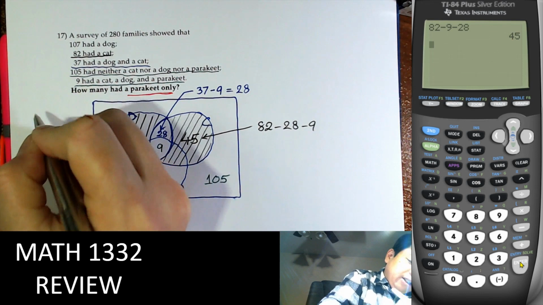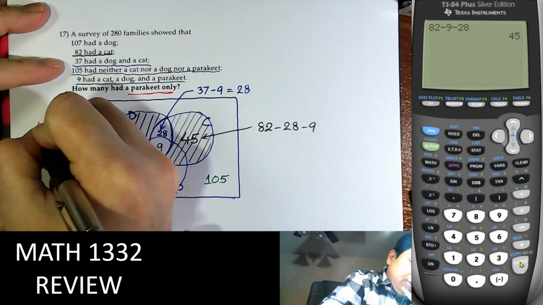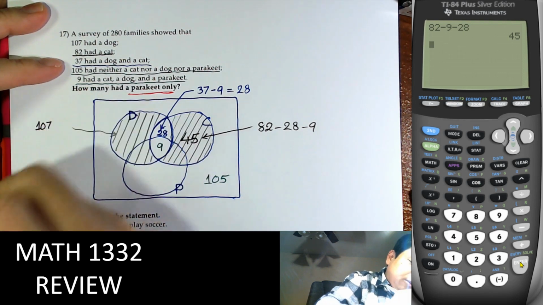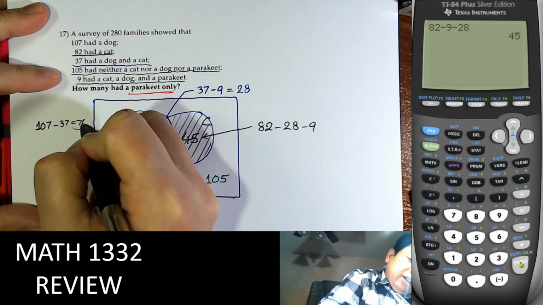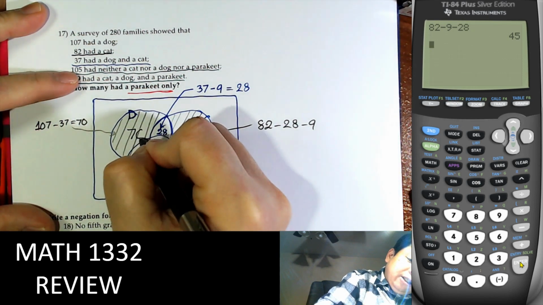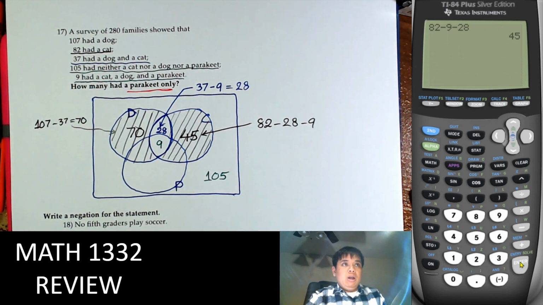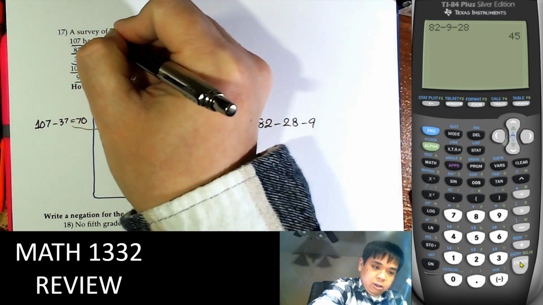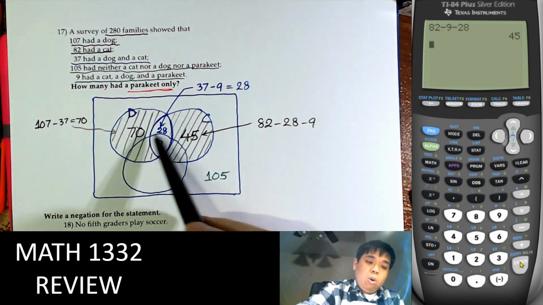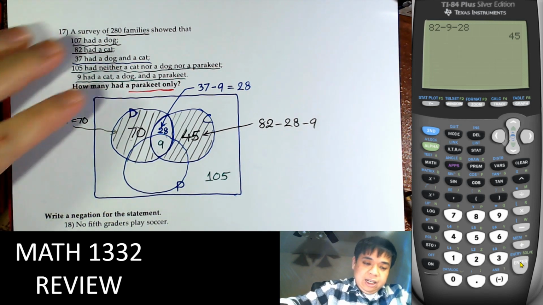So 107 minus 37, that is 70. So 70 is the set here, including part of that also like parakeet. Now with that, we just take the 280 of the total, subtract all the numbers we have here. We're left with the numbers in this set.